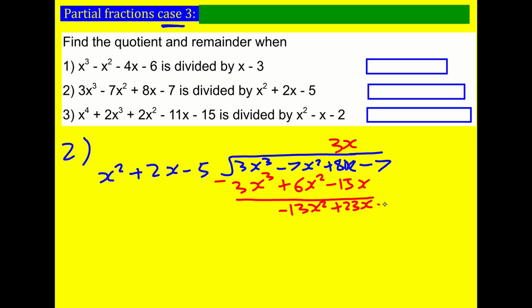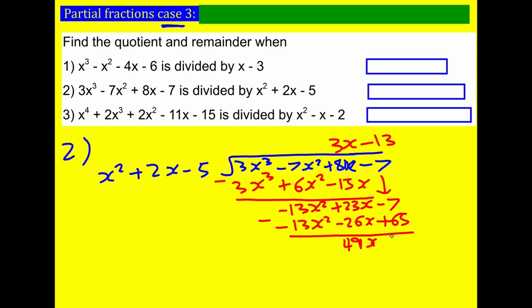And then I'm going to bring down my minus 7. x squared into minus 13x squared goes minus 13, multiply back through: minus 13x squared minus 26x plus 65. Okay, subtract them, that's going to give us 49x minus 72. And actually that's it, that's all we can do.